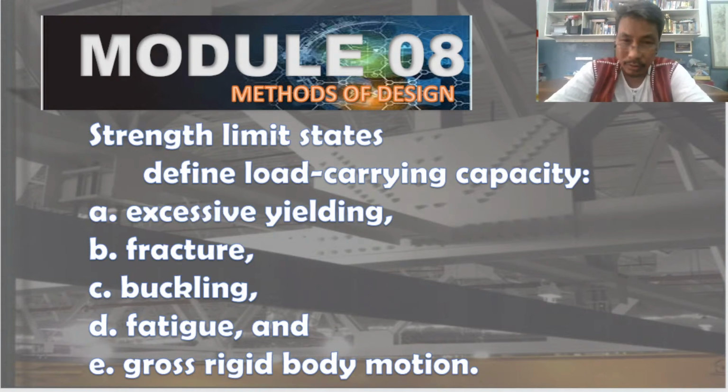Gross rigid body motion also. Those are the five different types of ultimate limit state, ULS.